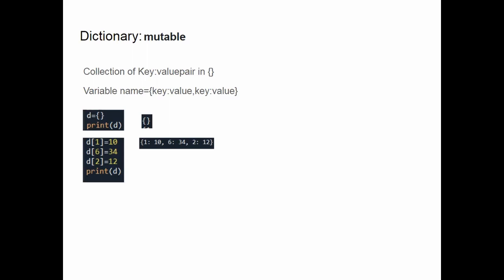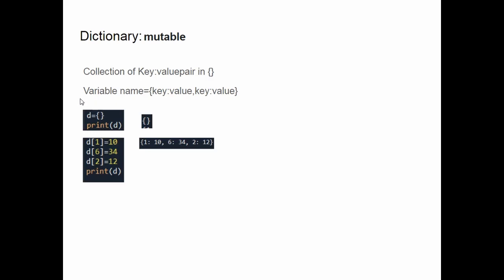So similarly, what is a dictionary? It is a collection of key and value pairs which is enclosed in curly braces. If only the values are enclosed in the curly braces, it will be called a set. But if we have the combination of key and value combined by using the colon operator, that will create a dictionary in Python.